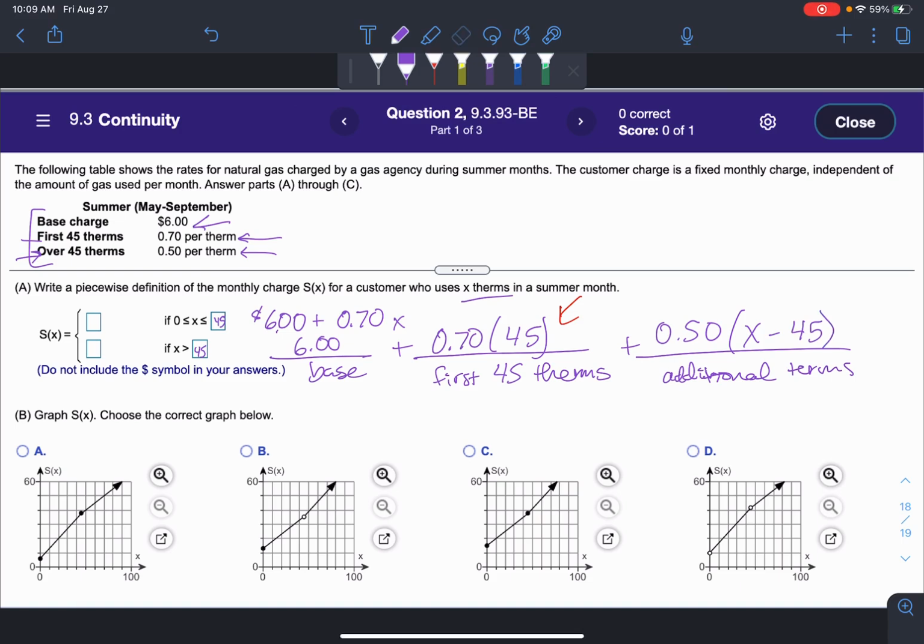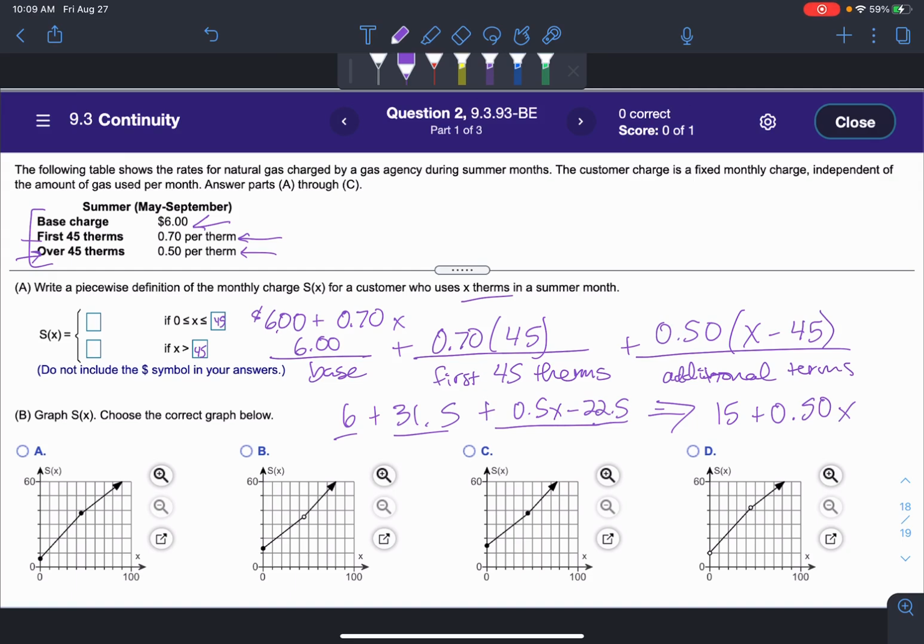And so now we have our equation, which is 6 plus, and then I believe, what did I get for this? This is 31.5, this, and then this last one gives me 0.5x minus 22.5. And so if I fully simplify, I get 15 plus 0.50x.